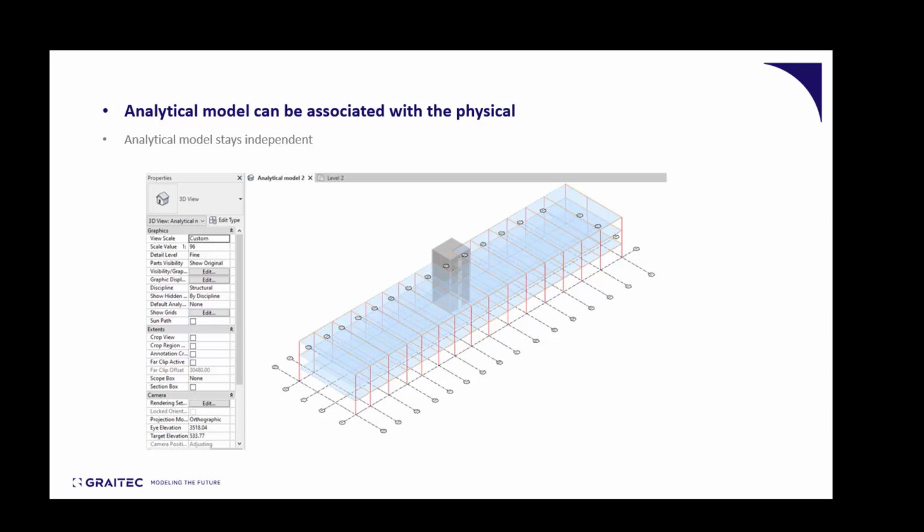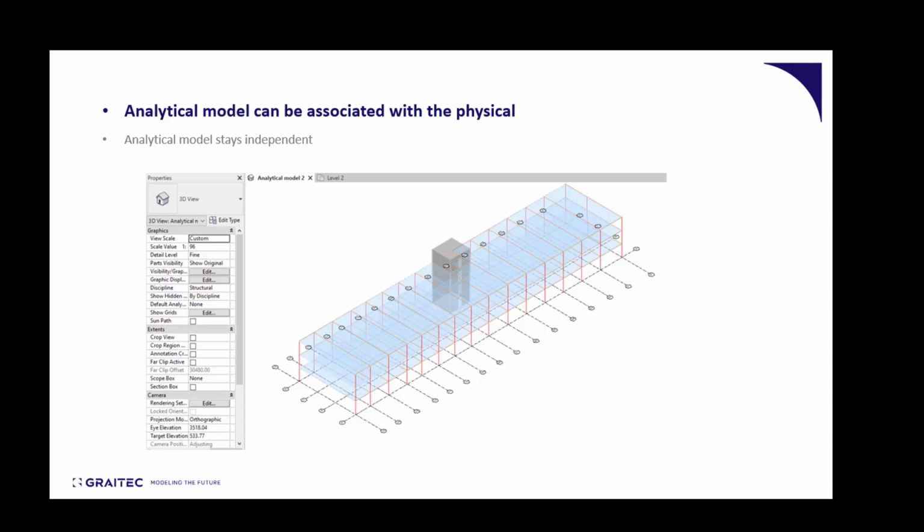And so we leverage some previous work that has been done. It's good to understand that the analytical model remains independent. That means if we delete the physical model, the analytical model will remain in place. It's the same when we speak about displacement.